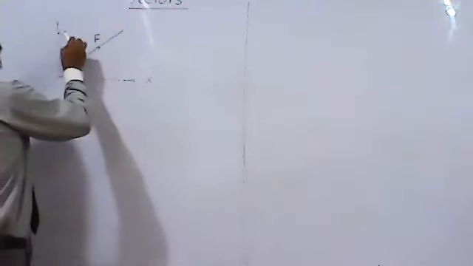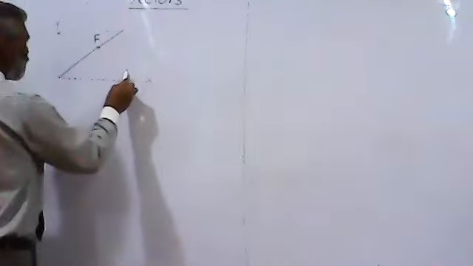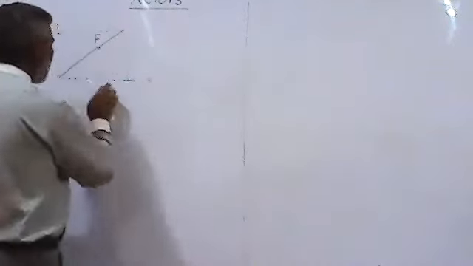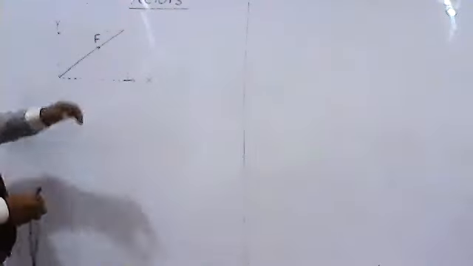That means if I make a rectangle, this vector appears as the diagonal, and these two sides, which are just the two sides of the rectangle, are known as the rectangular components of this vector F.